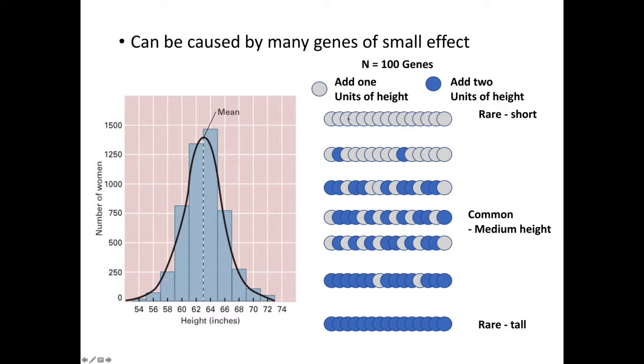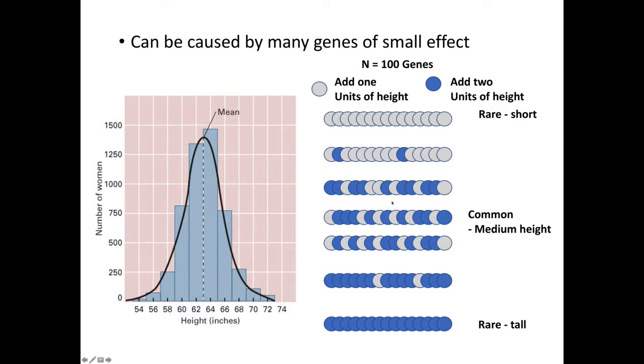Now, it's going to be a rare scenario where one has this particular collection of alleles or this particular collection of alleles. But what will be common, there are many different ways in which you can have a middling number, right? You could have 2 of one, and then 1 of the other, or 2 of one and then 2 of the other, or you could have 1 of one.